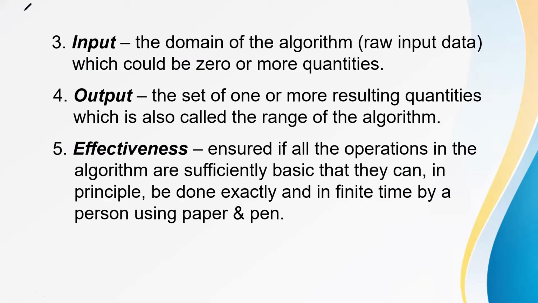The third property is input. Input of a program or algorithm is also called the domain of the algorithm. Okay, these are the raw input data. And every algorithm or program could have 0 or more inputs.